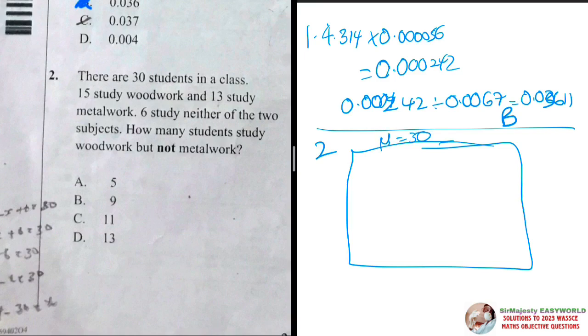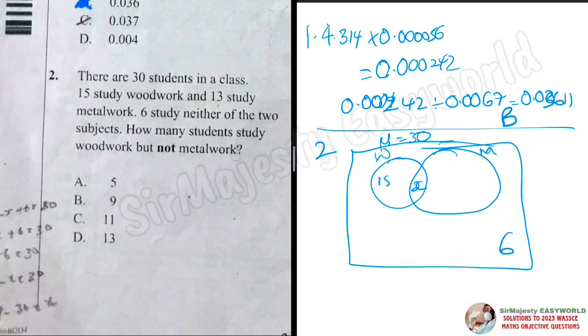And we're given 2 sets here: those that study woodwork and those that study metalwork. Let us call them capital letter M for metalwork and W for woodwork. Then 6 study neither of them. So let's take those that study both woodwork and metalwork as x. Then the total that study woodwork is 15, so those that study woodwork only will be 15 minus x.